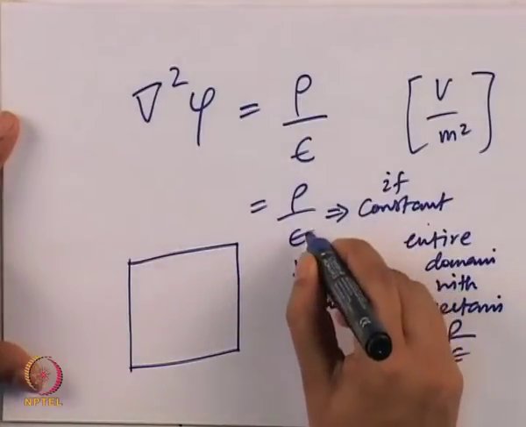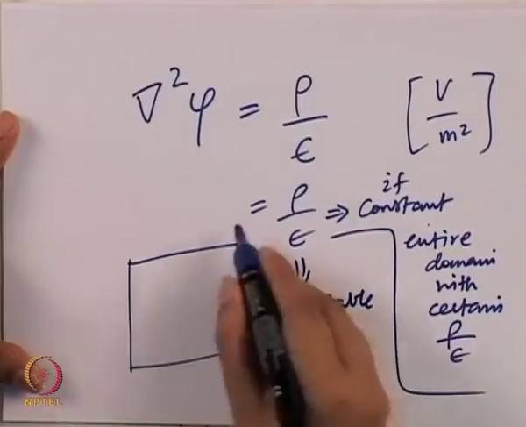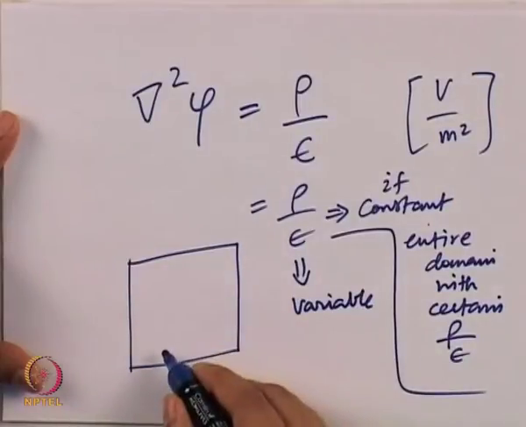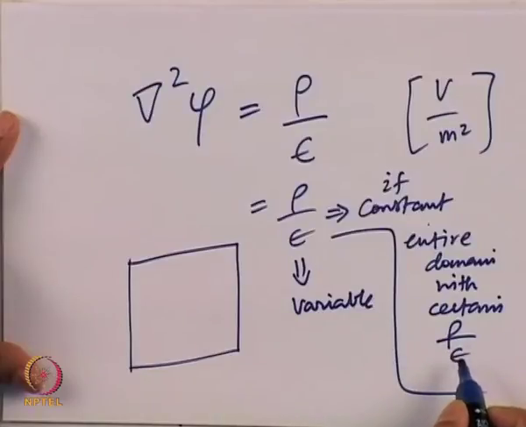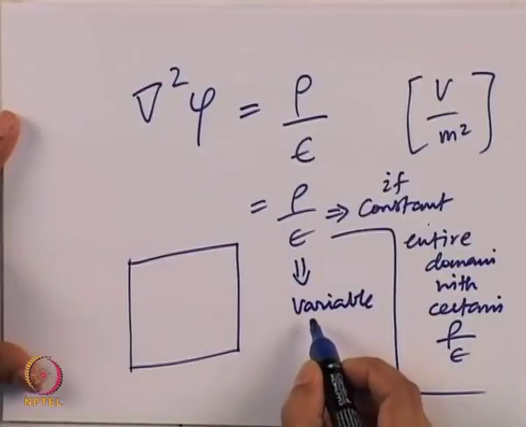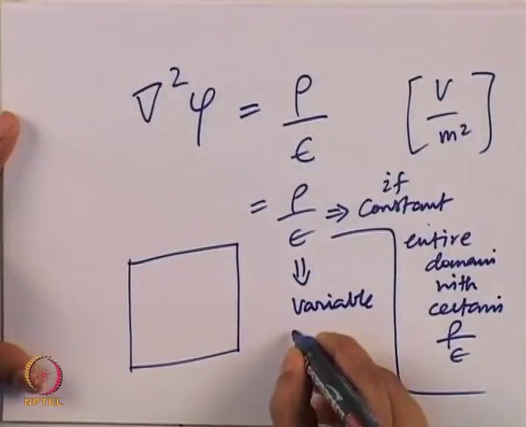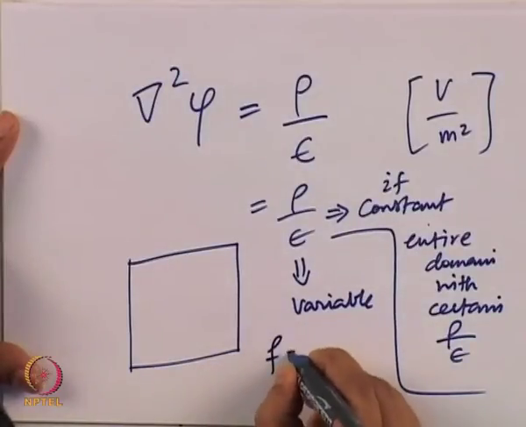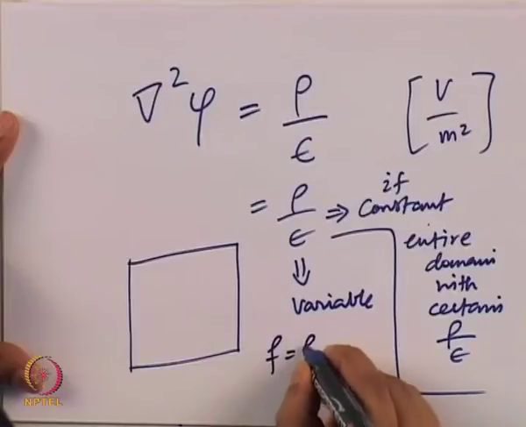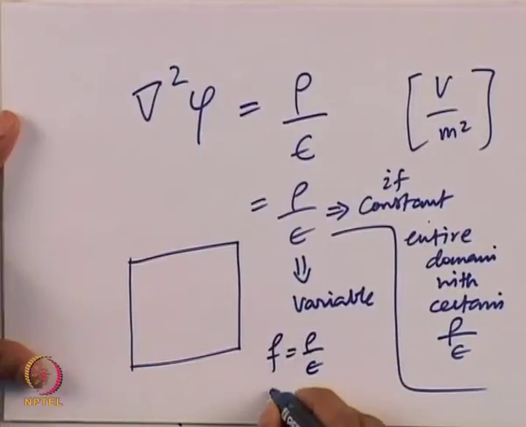If you choose the constant path, then you can assign the entire domain a certain value for rho by epsilon. But if you choose the path of the variable, let us say a function f is equal to rho by epsilon, and f is a function of x comma y.